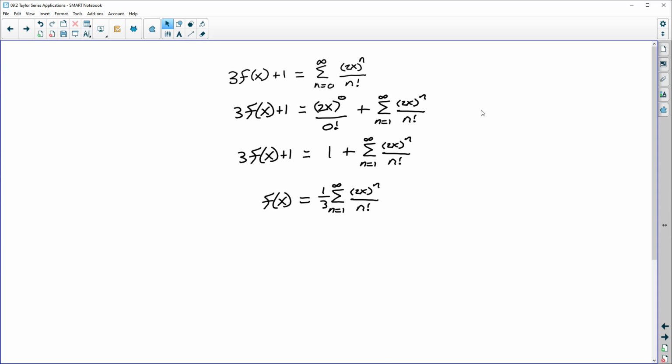Now I can notice that there is a 1 on both sides of the equation. Having those cancel out, I'm left with 3 f of x equaling my Maclaurin series. Dividing through by 3, and now I have the function written as a Maclaurin series.